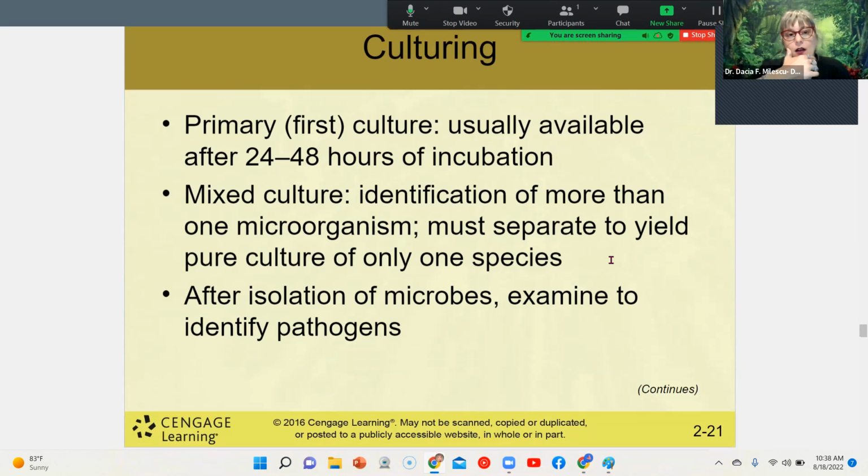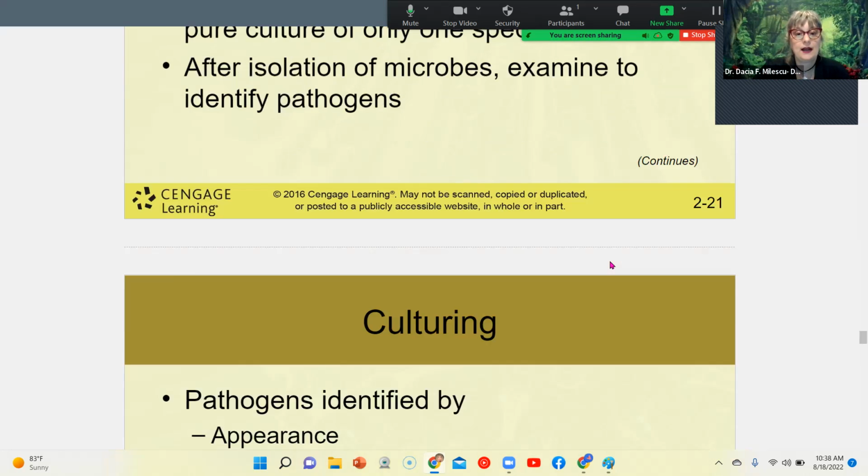Now, let's talk about the culturing. You could do the primary culture, usually available between 24 to 48 hours after the incubation period. You can have a mixed culture, which is identifying more than one microorganism. And at that point, you have to separate to yield the pure culture of only one species. And then after isolation of all the microbes, you examine each one to identify the specific pathogens.